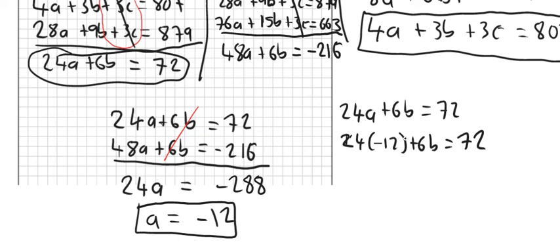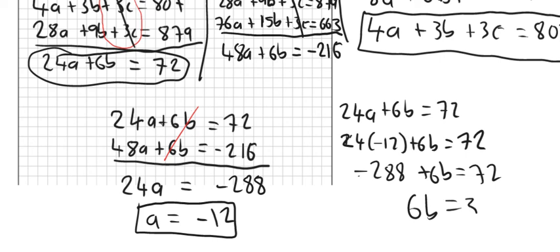Yeah, so minus 288 plus 6b equals 72. If you bring over the minus 288 and add it to 72, we get 360. And then b is just going to be 60.